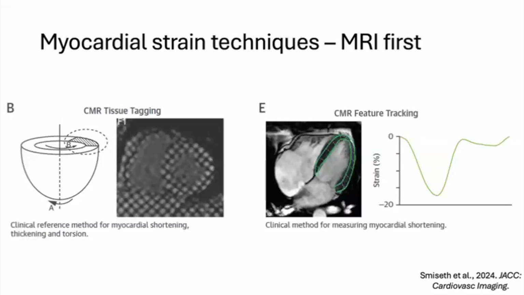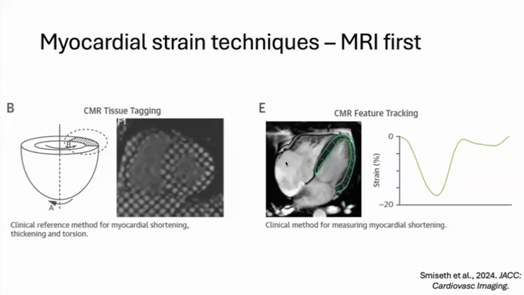The drawbacks with early MRI were that these tags could fade at end diastole when the heart wasn't moving very well. And so diastolic function was an issue for a long time with cardiac MRI with regards to myocardial strain. But as MRI became more developed and more sophisticated, particularly CMR, the method was replaced by what we use more commonly now called feature tracking, where standard images are required, such as the 4-chamber that you can see here.